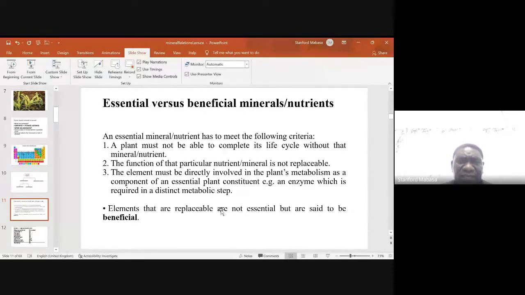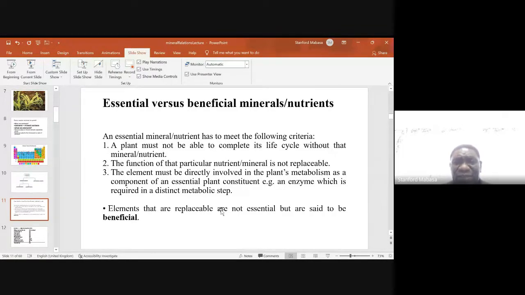Remember, we've got too many of these elements, but if we are going to classify one element as essential, it has to satisfy three things. Number one, a plant must not be able to complete its life cycle without that mineral or nutrient. So if that element is such that its absence may stop the plant from completing its life cycle, therefore that element is essential.